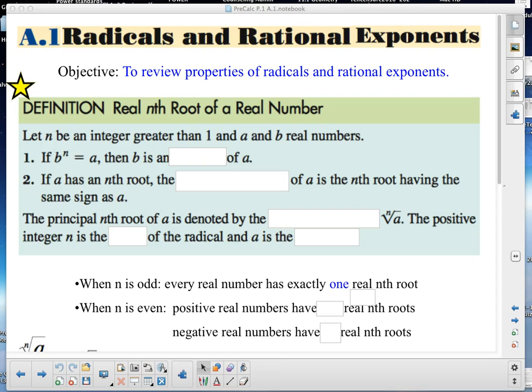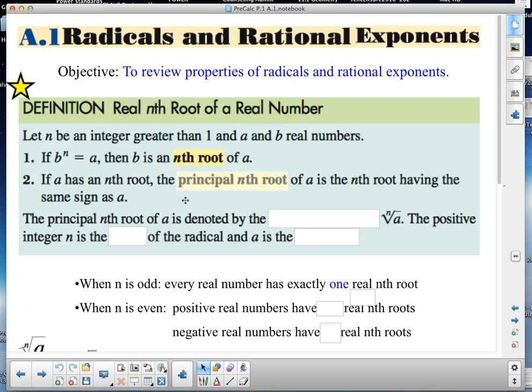Number 1, if b to the nth power is equal to a, then b is an nth root of a. Means if I multiply b times itself n times, I will get a. If a has an nth root, the principal nth root of a is the nth root having the same sign as a.